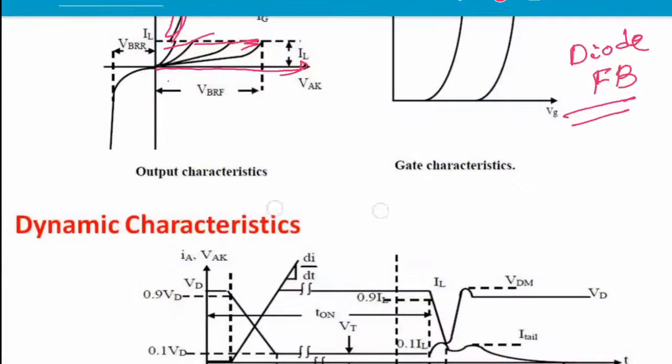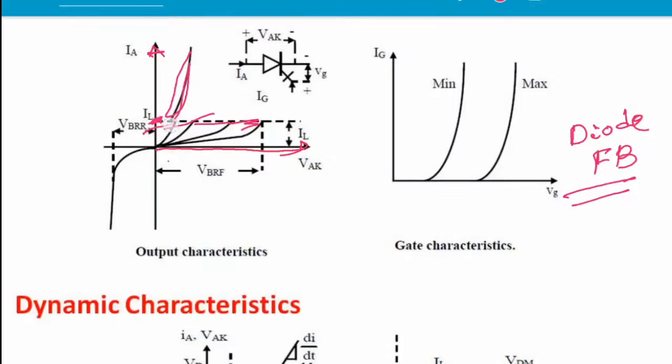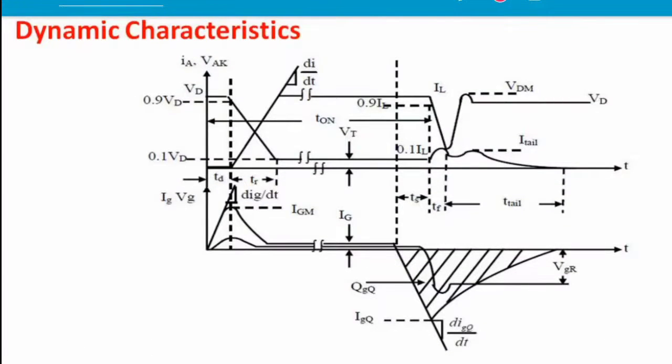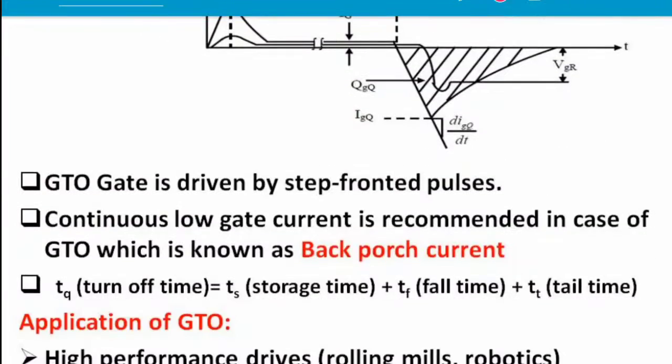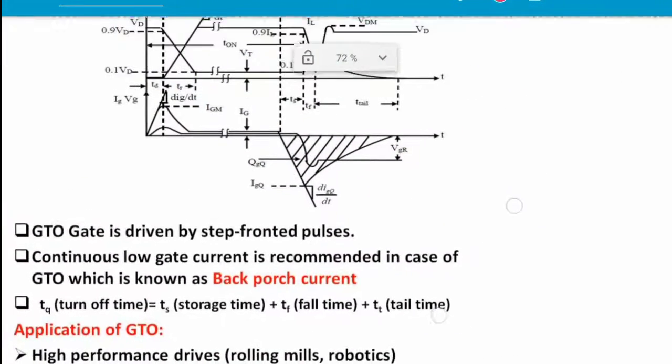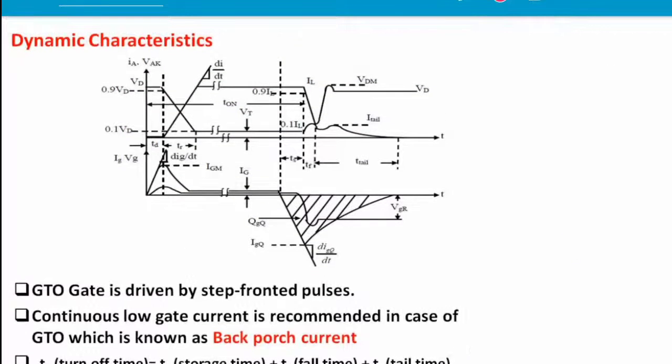So this is the dynamic characteristic, and in case of dynamic characteristic, the GTO gate is driven by step fronted pulses. What are step fronted pulses? These are like this, step like manner.